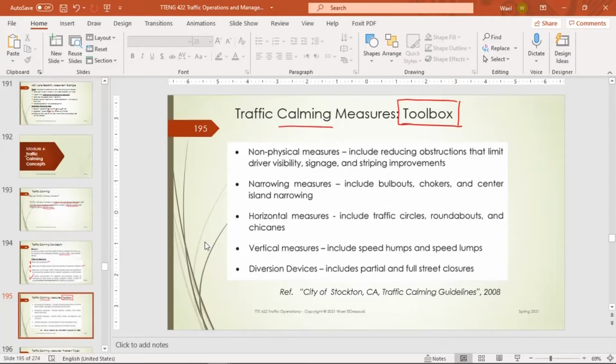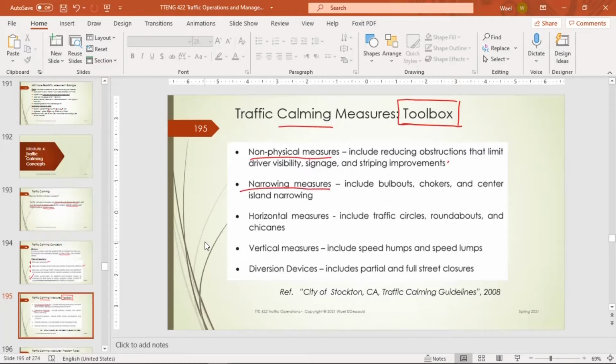We have non-physical measures. What are the non-physical? It includes reducing obstructions that limit driver visibility, signage, and striping improvements. This is non-physical measures.